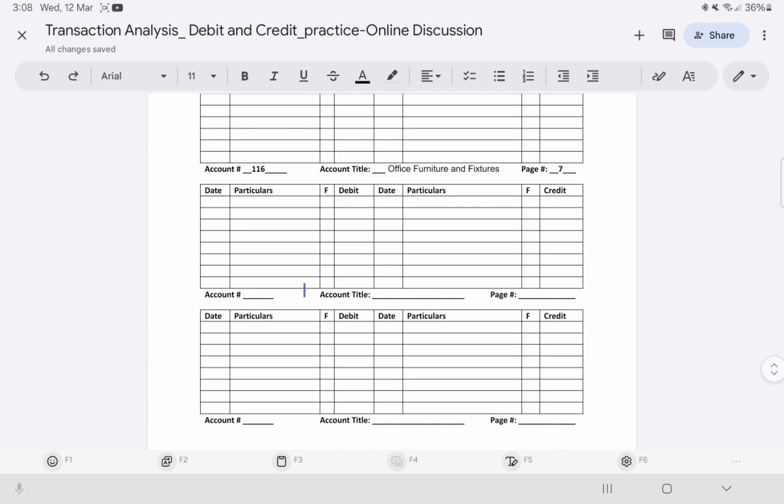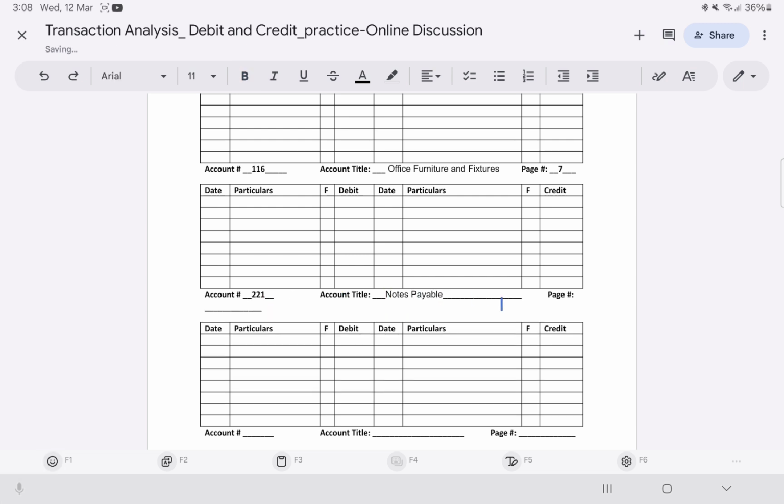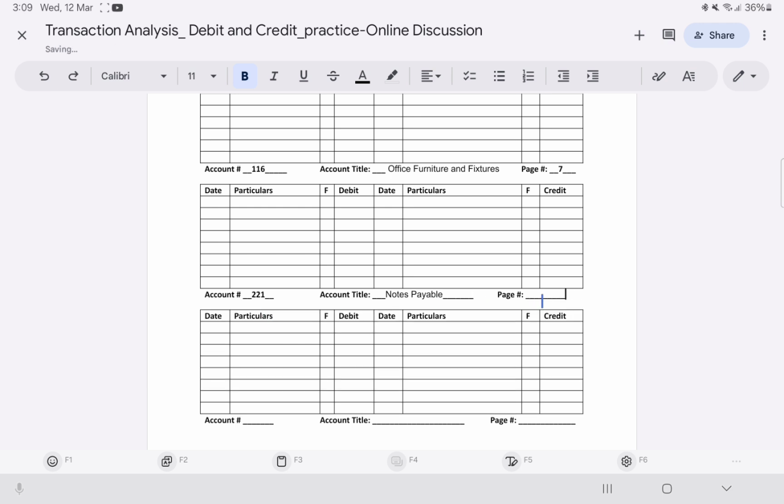Okay, so 221 notes payable, then page 8.